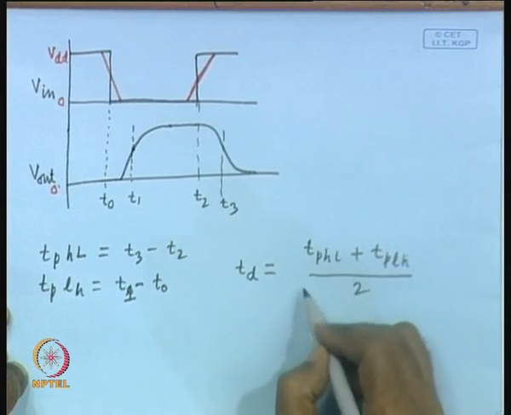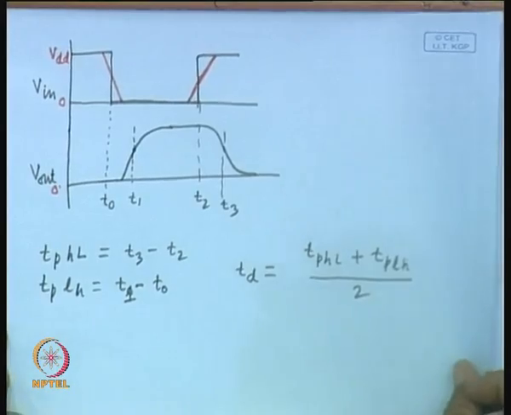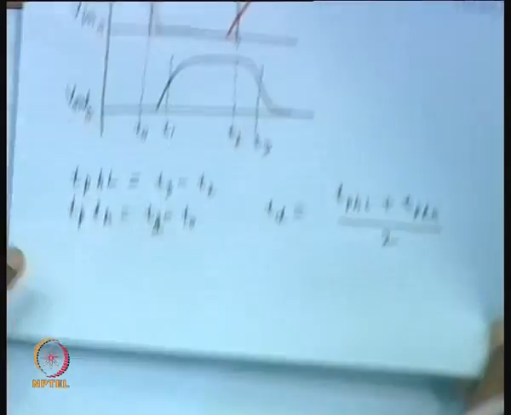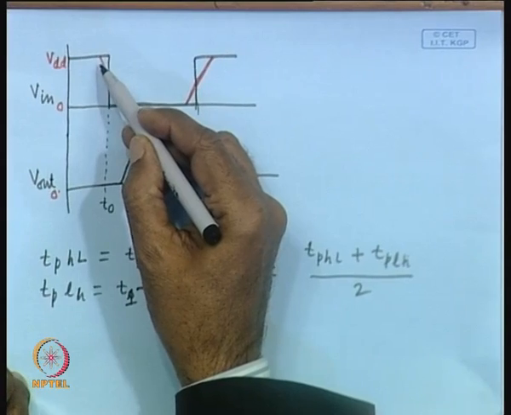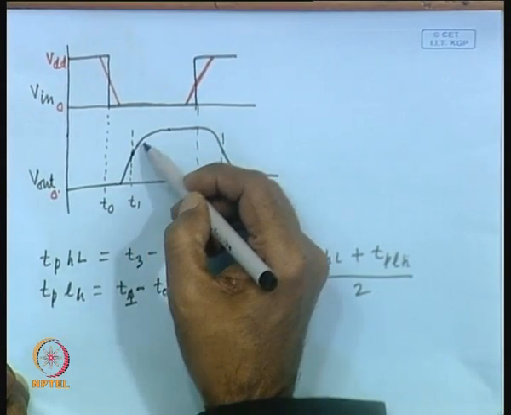The question is, how do we really measure this delay time? To measure the delay time, we can have a very simplified model. What is that model? For an inverter, let us consider the case when it is charging, that is, the input is going from low to high.